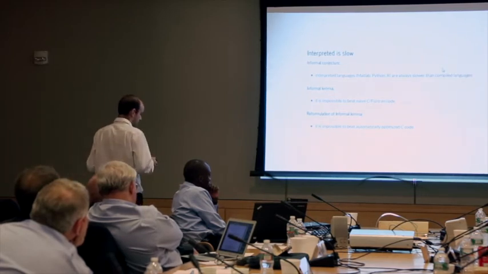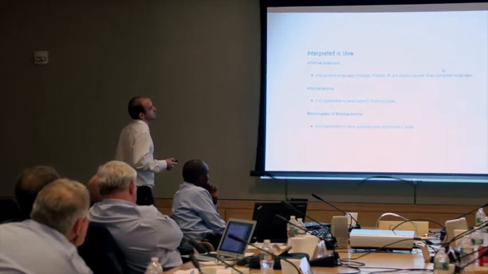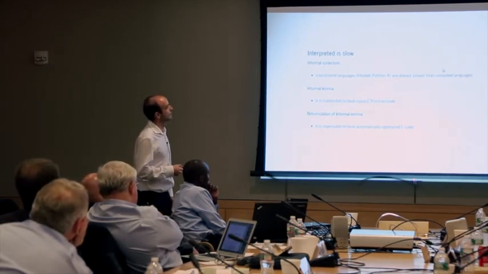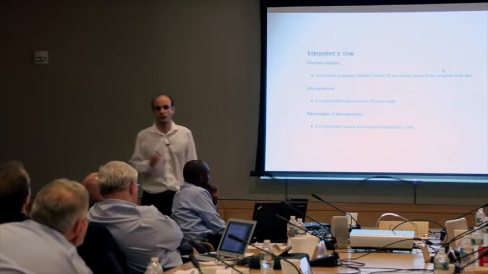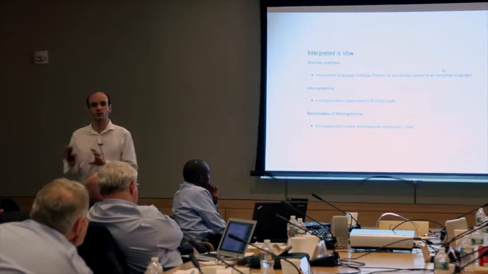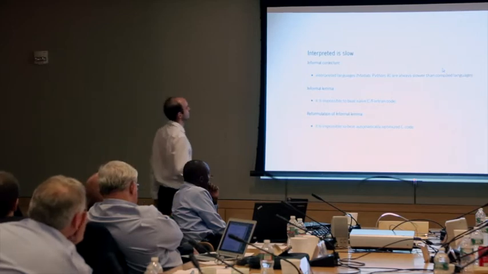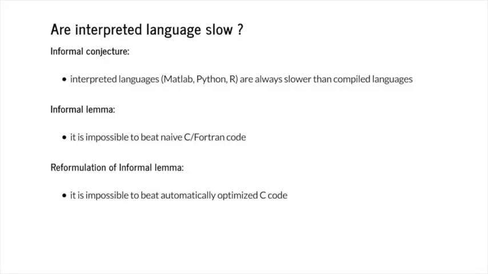So that's this informal conjecture that you can never beat naive C or Fortran code. Actually, the situation is a bit different between C and Fortran, but I focus on C, I know it better. So there is a reformulation that is a bit more honest for this informal lemma.